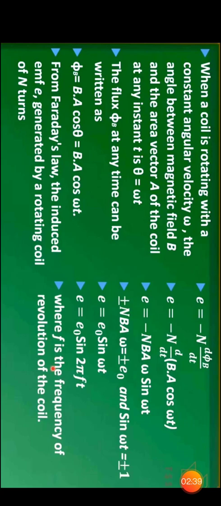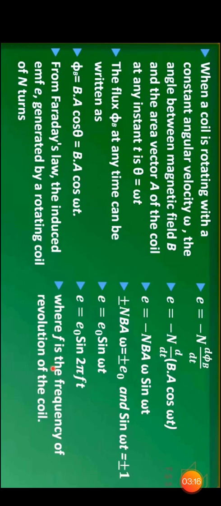Then the flux phi b at any time can be written as phi b is equal to B A cos theta, that is phi b is equal to B A cos omega t, where theta is equal to omega t is the angle between the magnetic field vector B and the area vector A.